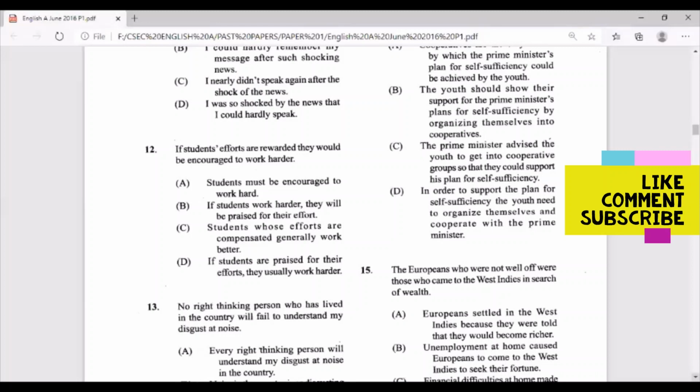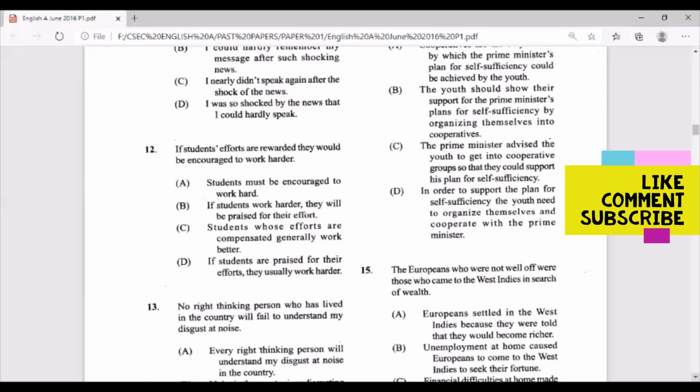But it's a little bit off because we're saying they work better, but the original sentence, they would actually be encouraged to work harder. So D, if students are praised for their efforts, okay, because we say we reward them, we praise them, they usually work harder.